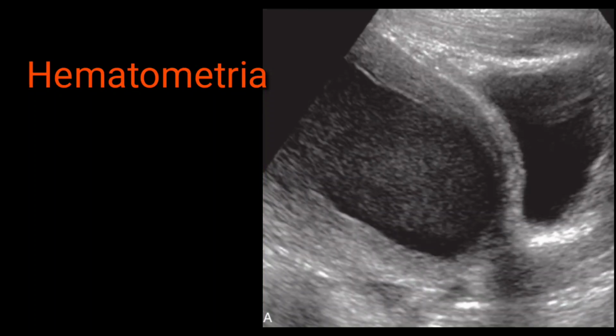Always mention the volume, 10 ml, 20 ml, and that no other pathological processes can be seen. Refer the patient to gynae for clinical investigation and correlate with the clinical findings, and this is what your report should be. So this is a clear case of haematometra secondary to cervical carcinoma.